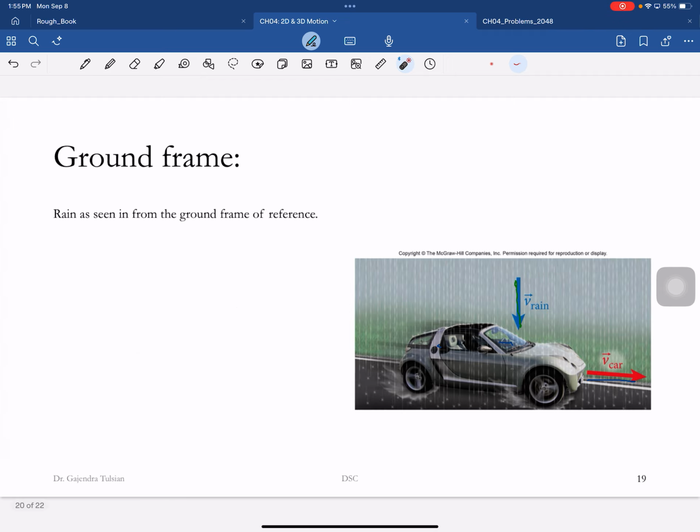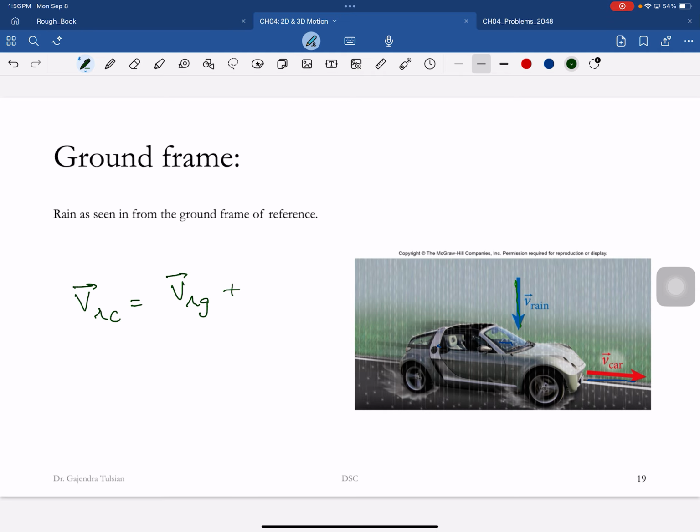So that's the important thing. For instance, here's something that you encountered. Let's say it's raining straight down in the ground frame of reference. And if you're driving, how do you see the rain falling? So the velocity of the rain with reference to the car is equal to the velocity of the rain with reference to the ground.